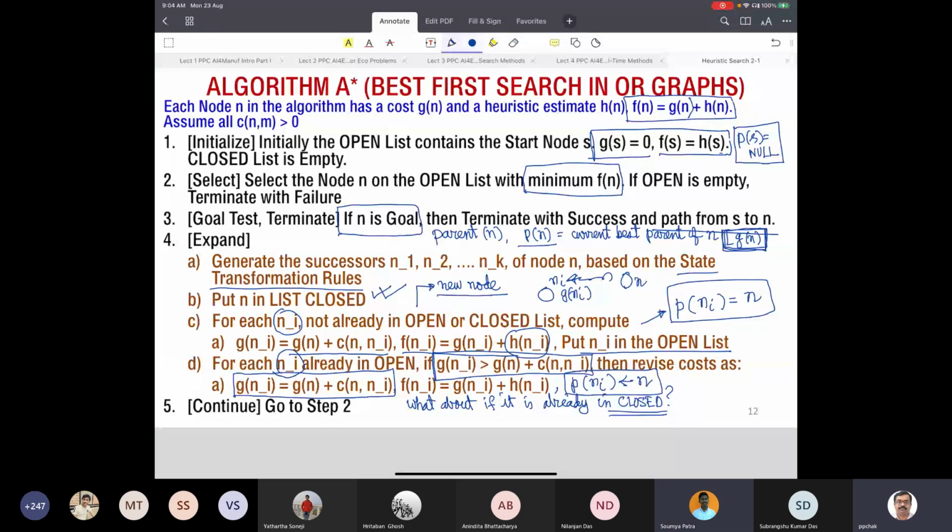So we will prove that you don't need to check whether it is already in closed or not. Normally we would have assumed that it could come, but because the edge costs are all positive and the heuristic estimate is both an underestimate and monotonic, we will prove that you don't need to check it. We will come to that proof. We have not done it yet.